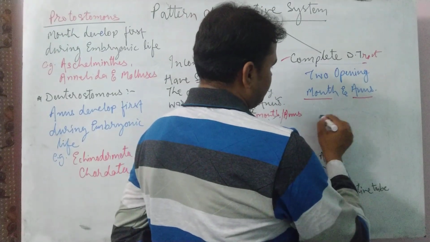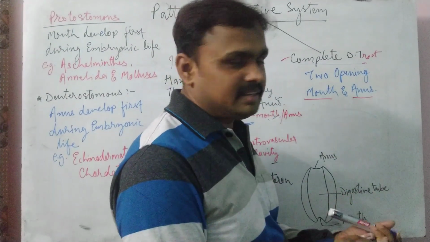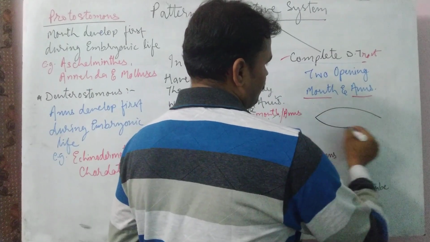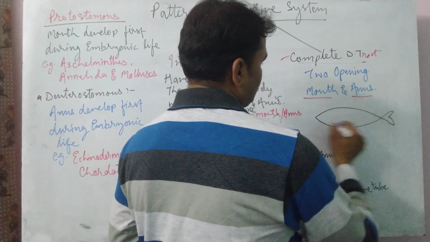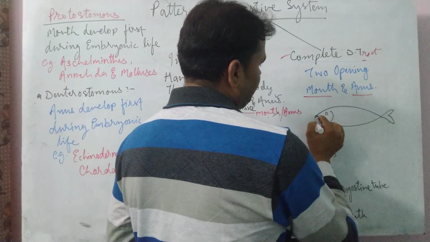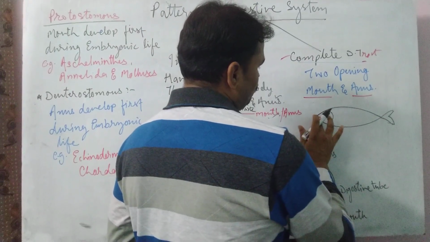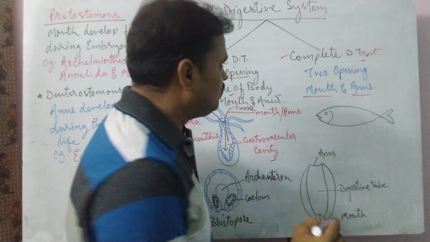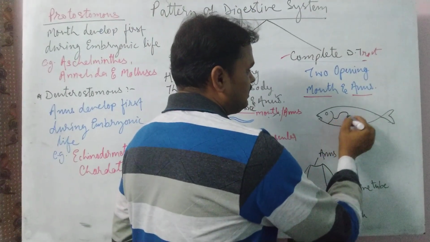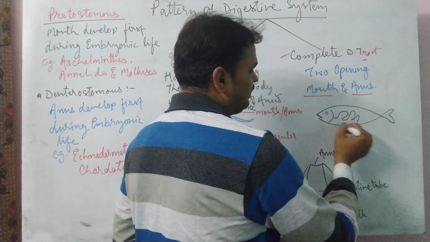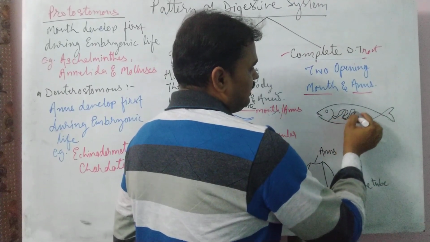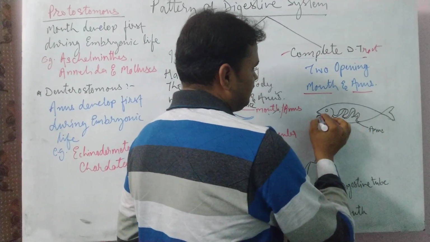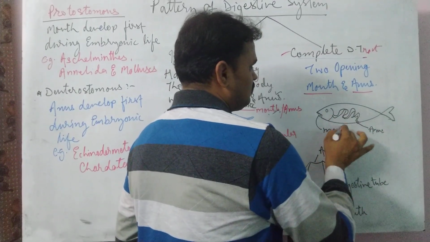If we draw a fish, here it has its mouth, and it has the digestive system, and it has one out pore: this is the anus and this is the mouth.